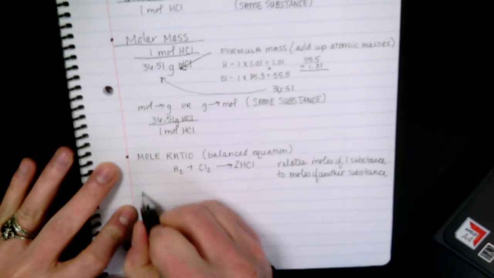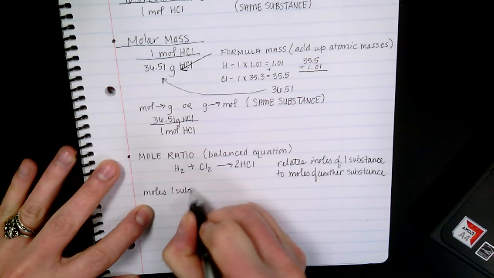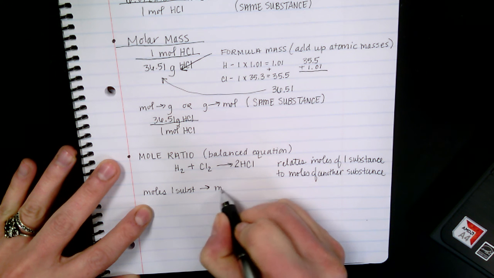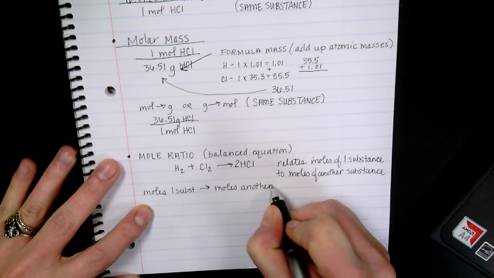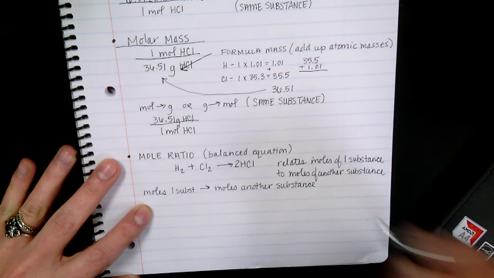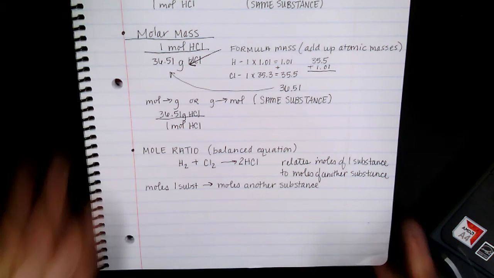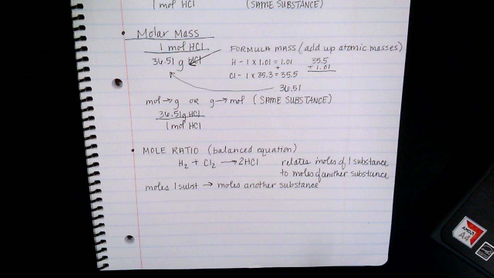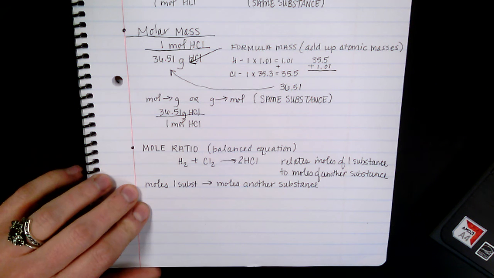So this will get you from moles of one substance to moles of another substance. Now before, it was same substance, same substance. So it's just like if you're setting up a ratio like you've done in math classes. We're just comparing something to something.